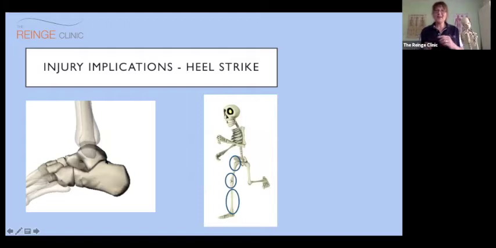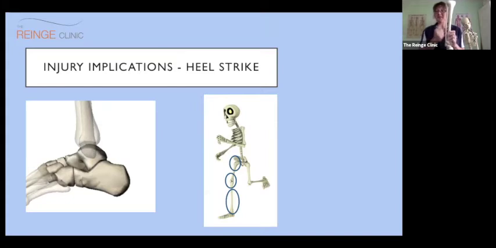So it's going to travel up through the body. There are bones here, let me get my little leg. You've got these two bones in your leg, and these are designed to flex and move, but muscles attach down here and down here, and if you're doing this all the time, they're going to get irritated, and this is how you get shin splints.